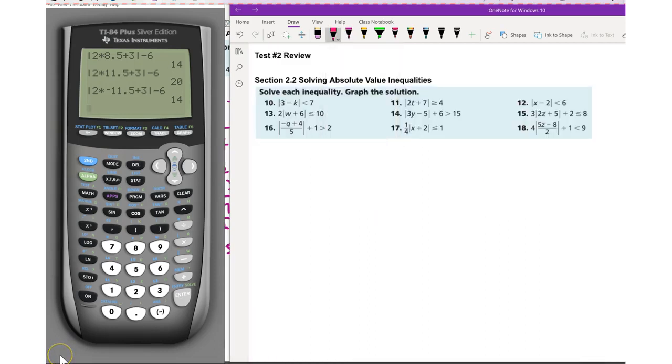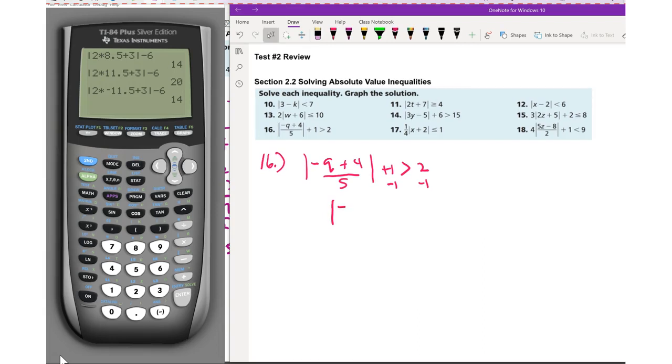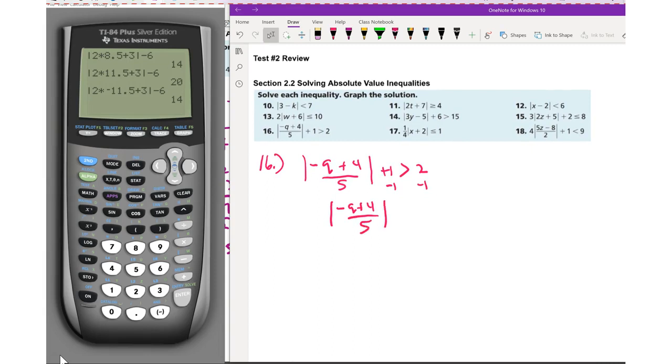I'm going to do number 16. So we have the absolute value of negative q plus 4 divided by 5, plus 1, greater than 2. So remember, you first have to subtract 1 from both sides. So you have the absolute value of negative q plus 4 divided by 5. 1 minus 1 is 0.